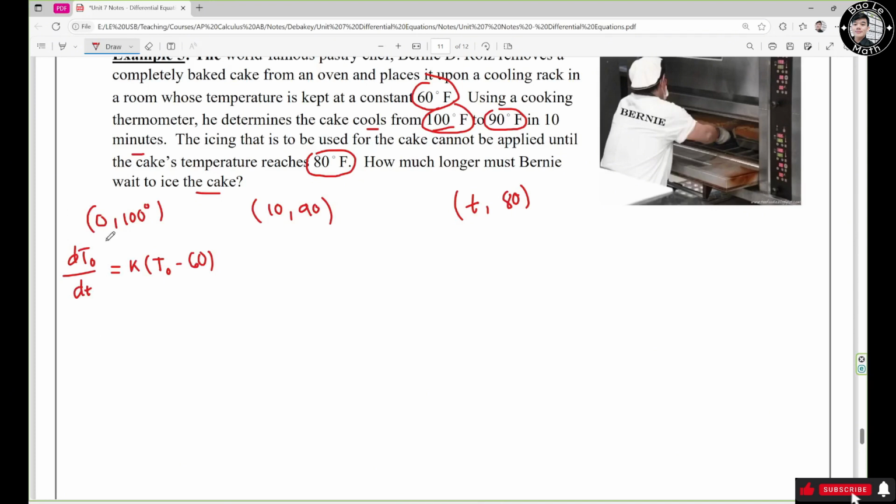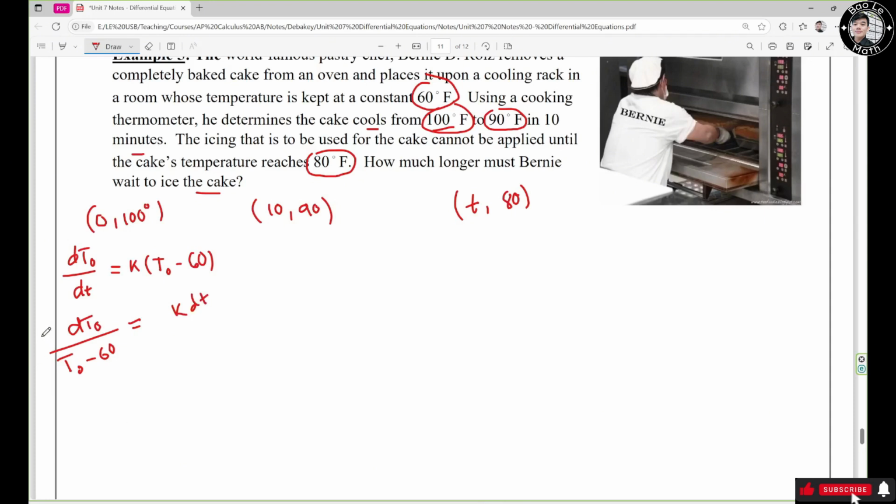Now you need to solve this differential equation by separation. So I'm going to separate this one first. So I have dT0, divide both sides by T0 minus 60, and multiply both sides by dt, so I have k dt.